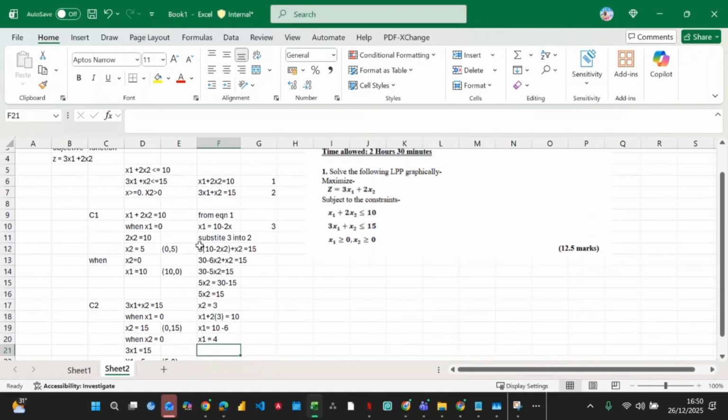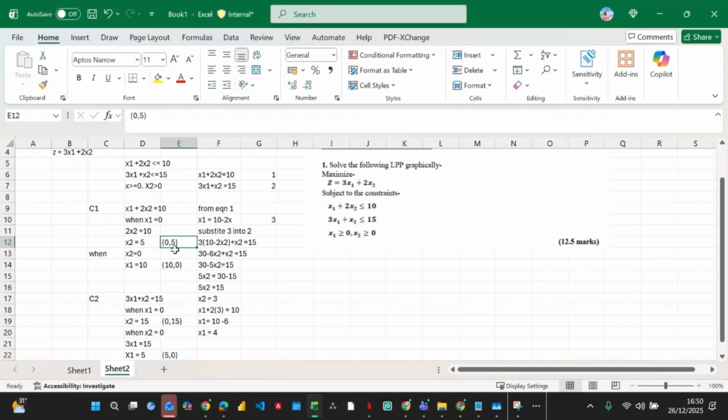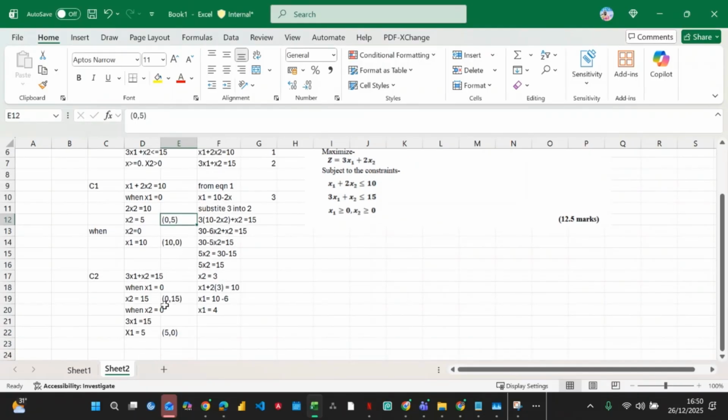So now, remember, guys, when we have this, these are the points we're looking at. When we are looking at the minimum, on this C1 here, we are picking this and this.